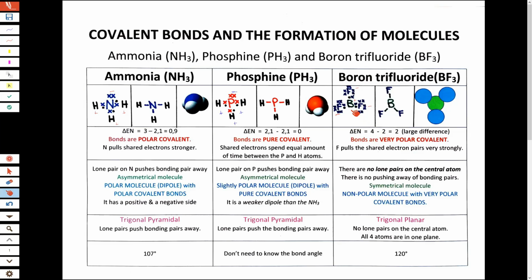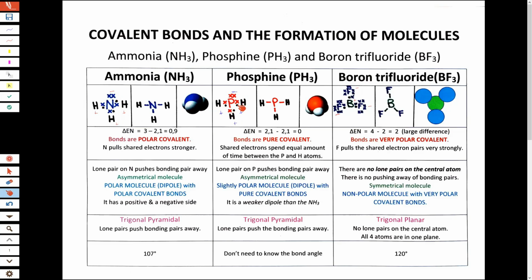I'm going to go through these 3 very quickly by looking at the Lewis diagrams. This molecule has polar covalent bonds, and because of the lone pairs making it an asymmetrical molecule, it is a dipole. This molecule, the phosphine, has pure covalent bonds, but because of the lone pair pushing the bonding pairs away, it is also a dipole, but a weaker dipole than ammonia because the bonds are not polar covalent.